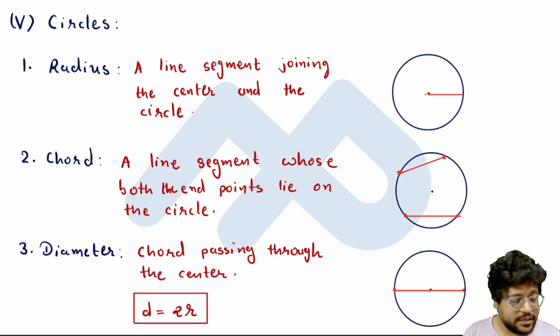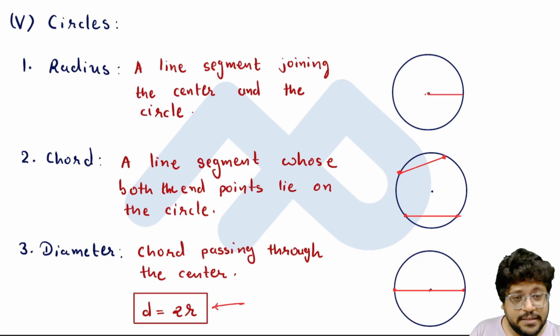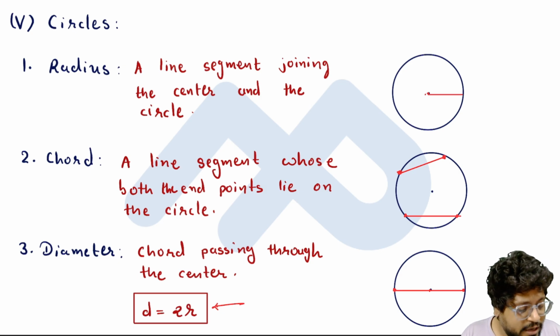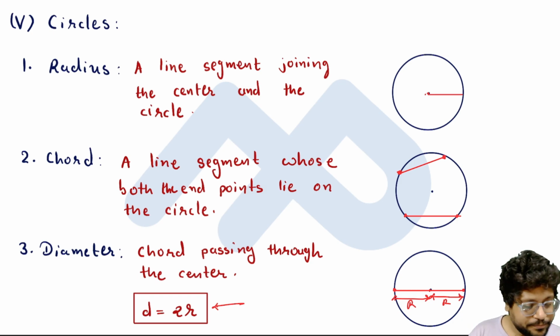So diameter is considered the largest chord in the circle. And there is one formula: diameter is always twice the radius, because from the diagram you can see that this is one radius and this is another radius. So obviously diameter is twice the radius. Clear?